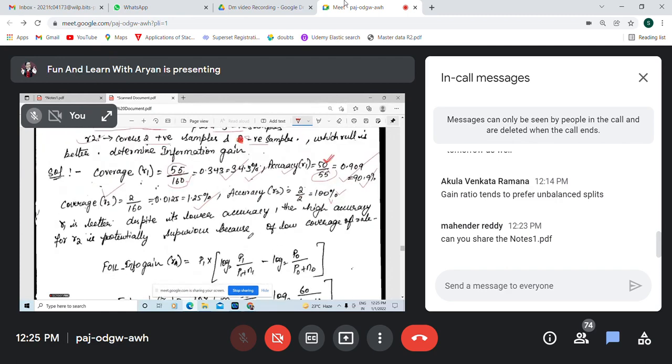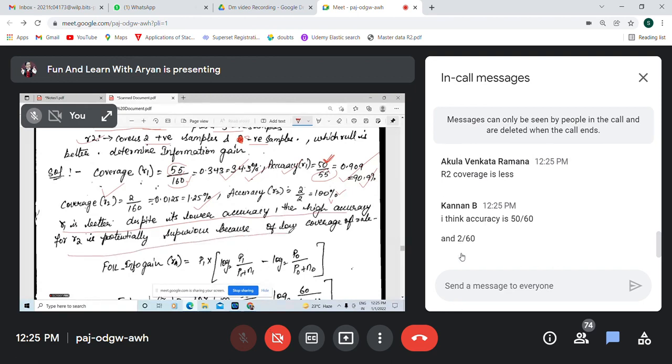I'm not sure whether this statement is correct or not, but this is what is written in the textbook. R1 is better despite its lower accuracy. The high accuracy for R2 is potentially spurious because of its low coverage. Logically speaking, this is correct because it is covering 1.25% of tuples only.